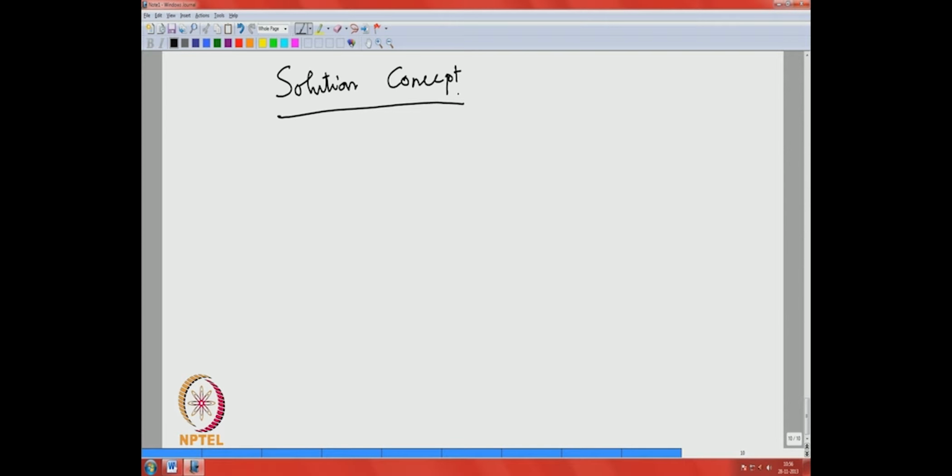There are various things. This is actually a bigger section. We will not get into the more complicated solution concepts, which are indeed useful in applications, but we want to just tell you something about the concept which I want to introduce.